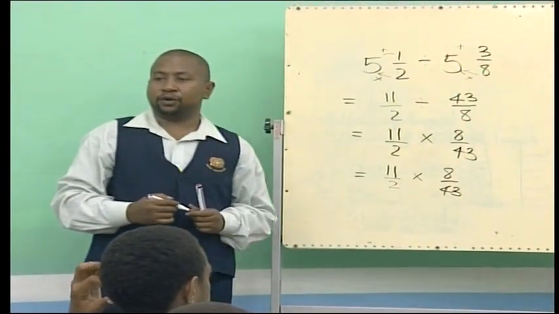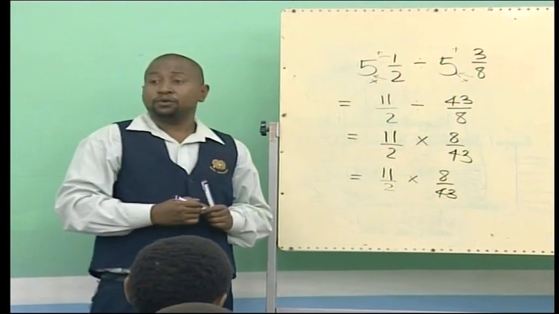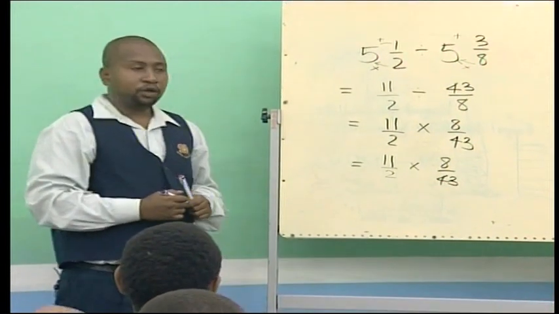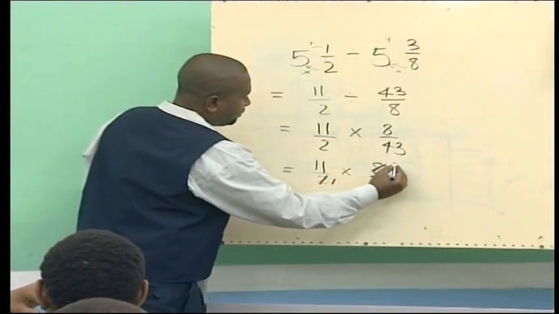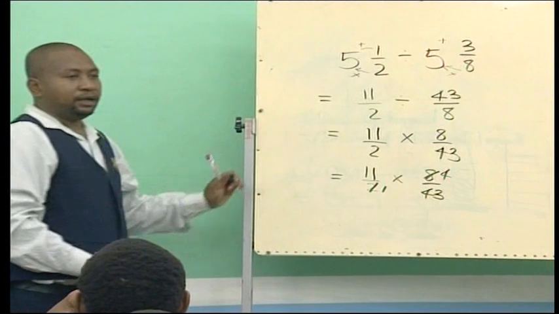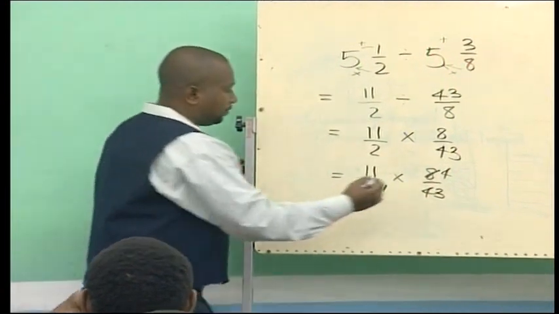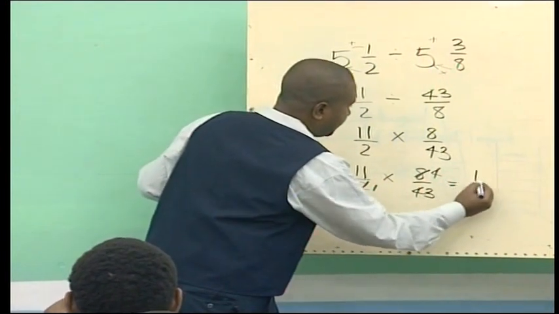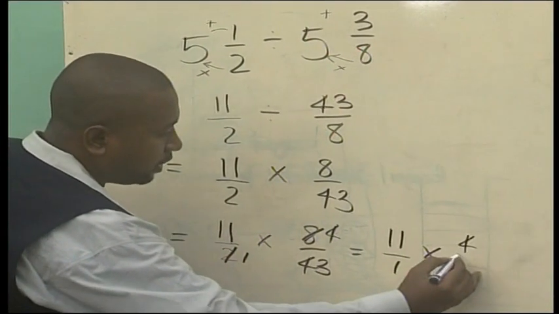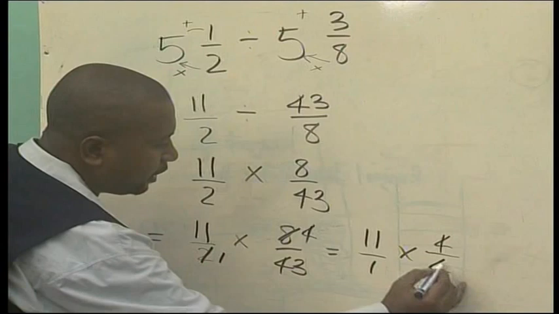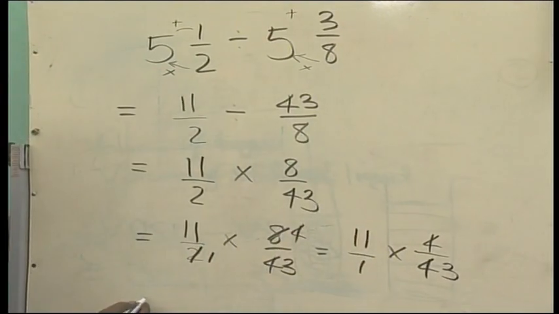Which two numbers are we going to simplify now? 2 and 8. 2 into 2 goes once. 2 into 8 goes 4 times. Very good. So we have our new fraction, which is 11 over 1 times 4 over 43.